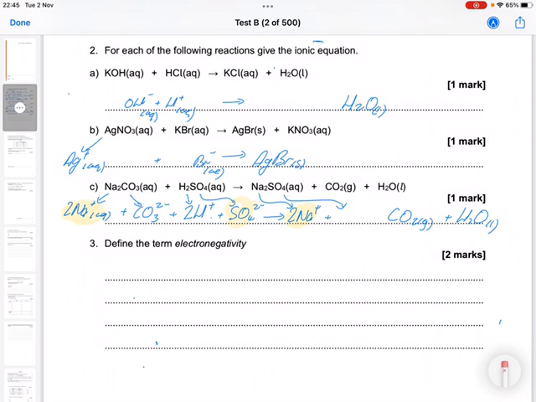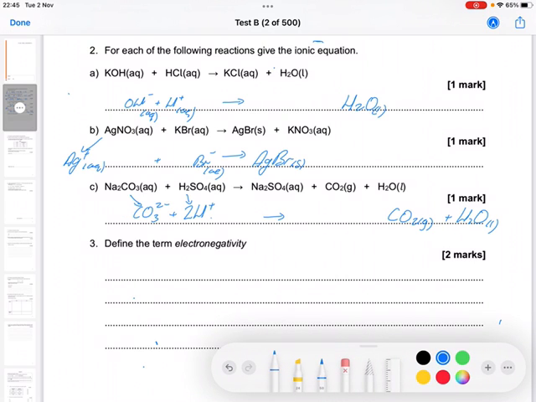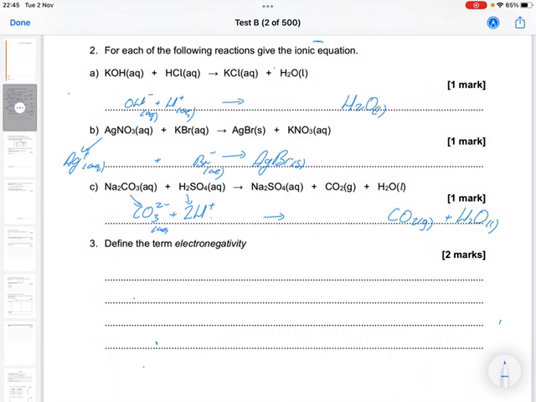So let's rub those out, and we'll tidy it all up a bit as well. And not forgetting to make sure I've got all my state symbols on. So aqueous and aqueous.